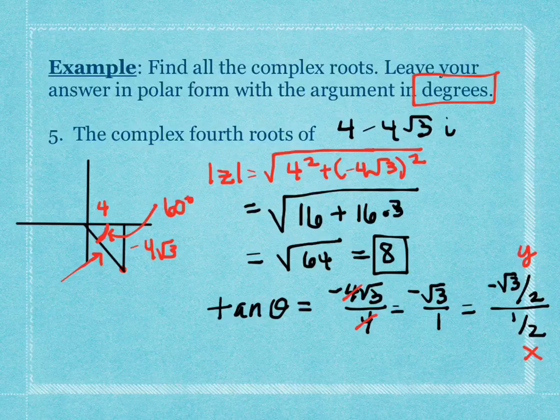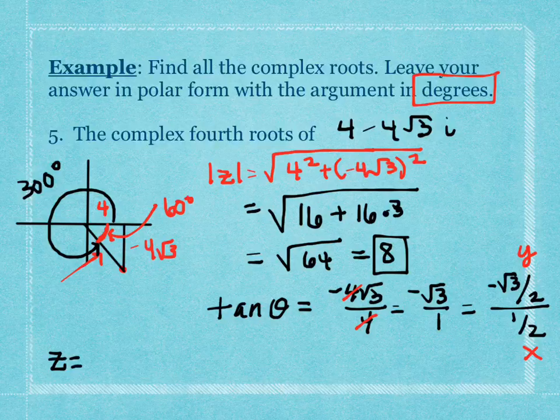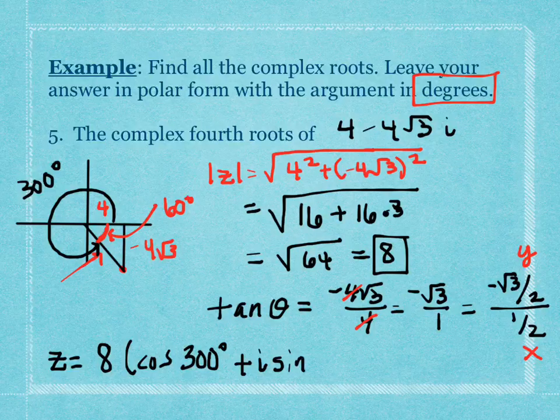Now, that's not actually the argument, though. The argument is this angle around here, and of course that angle would have to be 300 if the angle inside was 60. So in my polar form, I have z equals r, which is 8, times the cosine of 300 degrees plus i sine of 300 degrees.